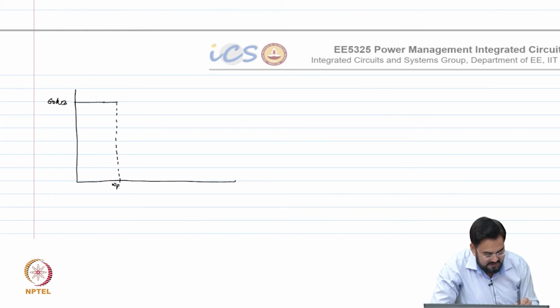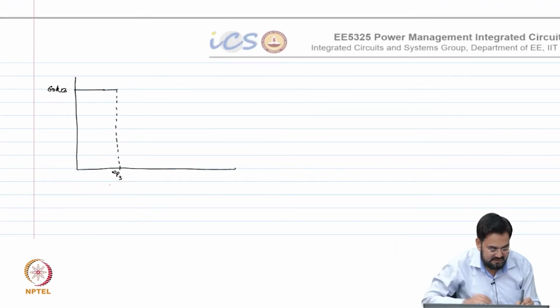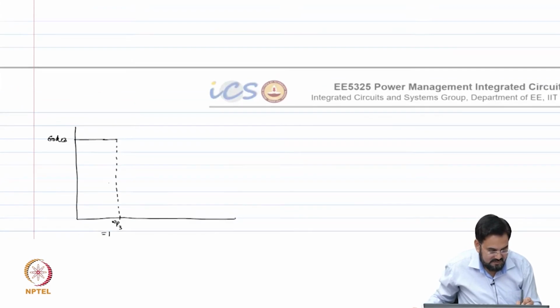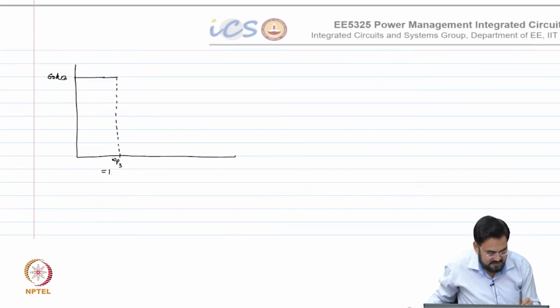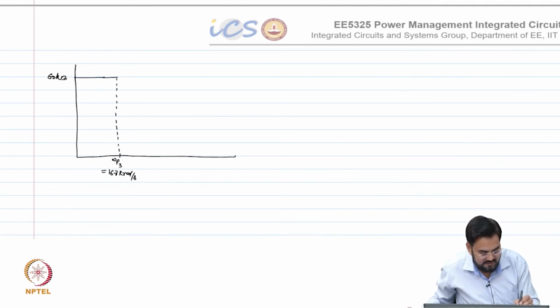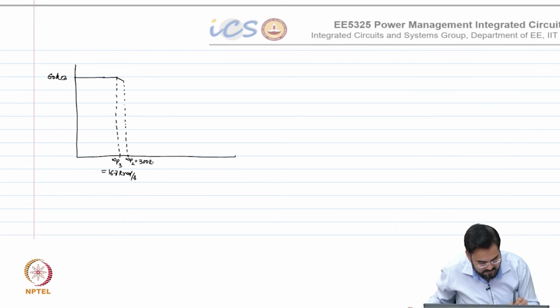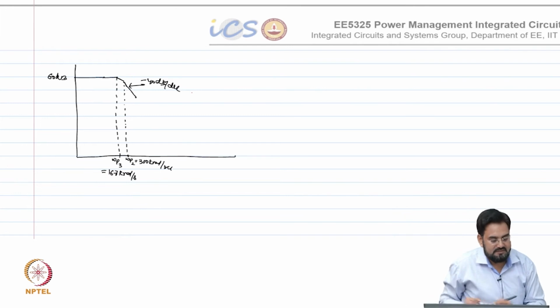So, this is your omega P3, because this is falling at lower frequency, 167 kilo radian per second, and then it will drop with minus 40 dB per decade.